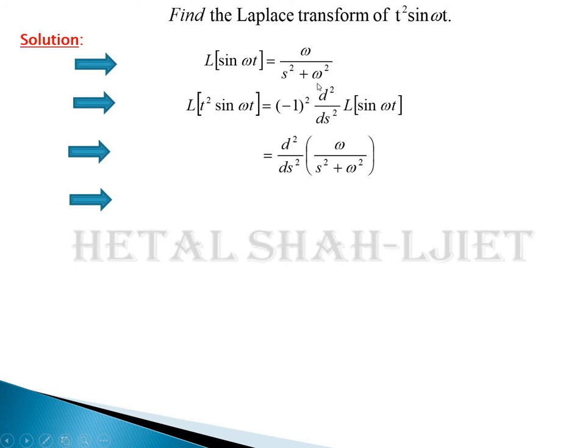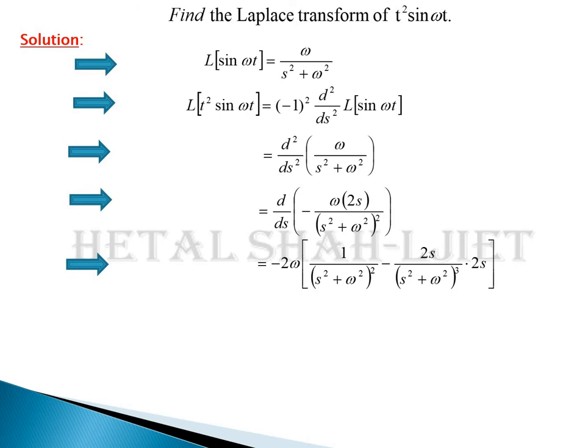Now Laplace of sine omega t is omega upon s square plus omega square, and minus 1 square is 1. For finding the second derivative of this function, first we find the first derivative: d by ds, keep omega the same, and the first derivative is minus omega times 2s upon (s square plus omega square) whole square.